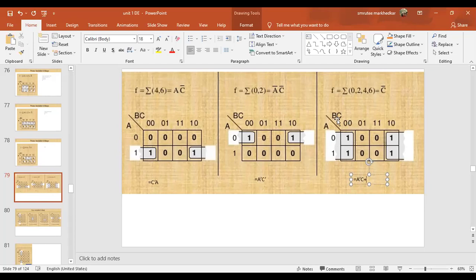Then if I see the next horizontal line, I will find A is common. Again the same thing: B bar C bar, B bar C bar and B C bar. C bar is the same, the rest is all complementary.